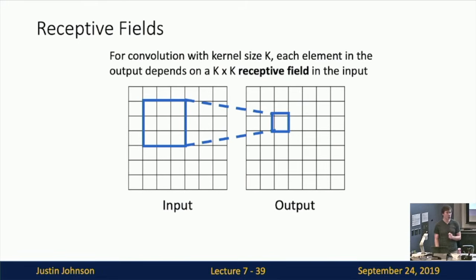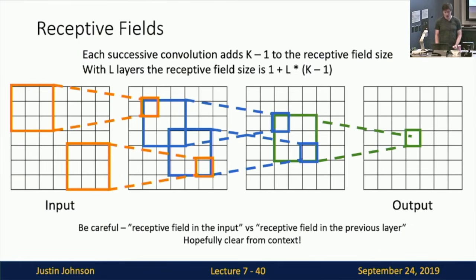This is a relatively straightforward thing to think about in the context of one convolution layer, but it's also interesting to think about what happens to these receptive fields as we start stacking convolution layers together. Here we're showing a stack of 3 convolution layers. On the very right-hand side, one element in the rightmost output tensor depends on a 3x3 region in the second to last activation map.